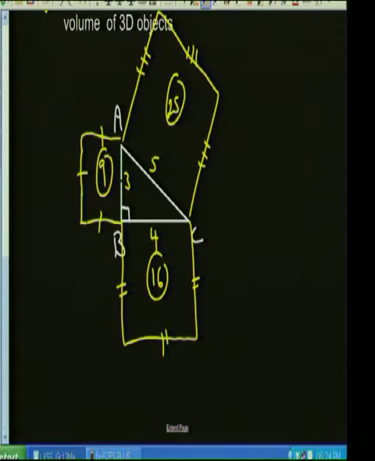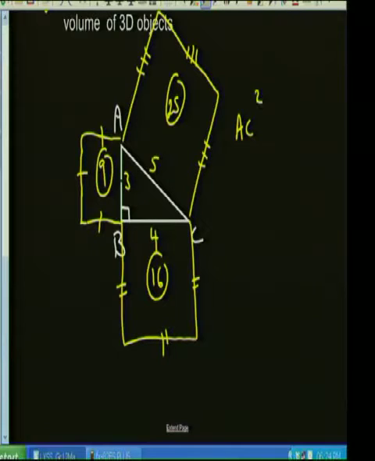It's 9. And what's 25 minus 9? It's 16. In other words, folks, Pythagoras' theorem is saying that the square on AC is the same as the square on AB plus the square on BC.